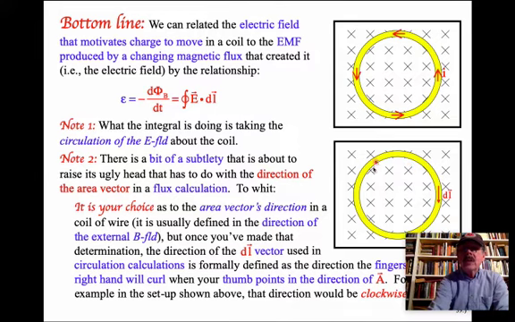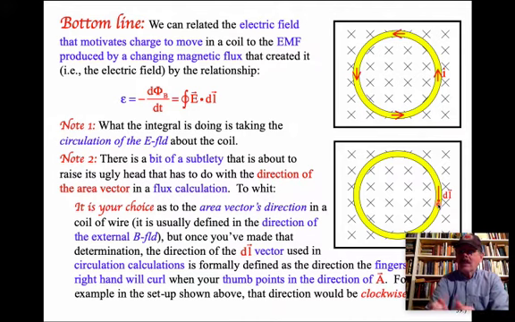In this example, if A goes into the page, you orient your thumb into the page, and your fingers will curl clockwise, which means when you do this E dot dl operation, dl has to be clockwise.